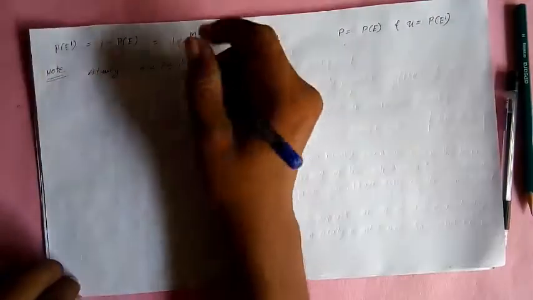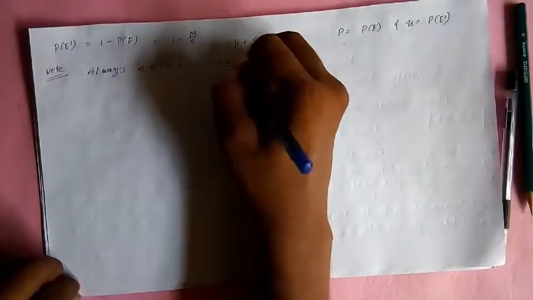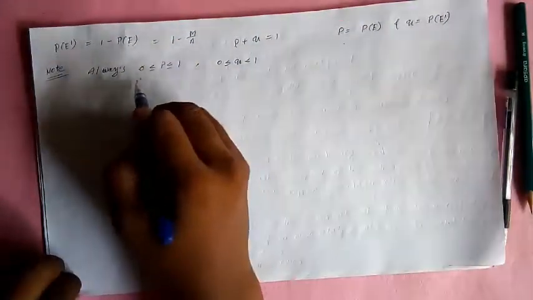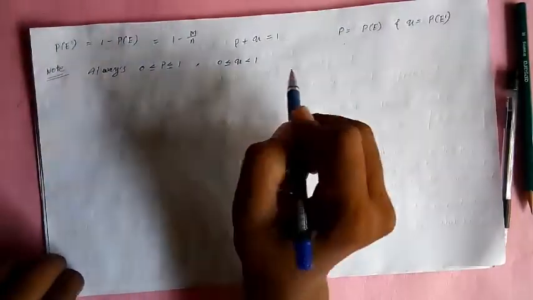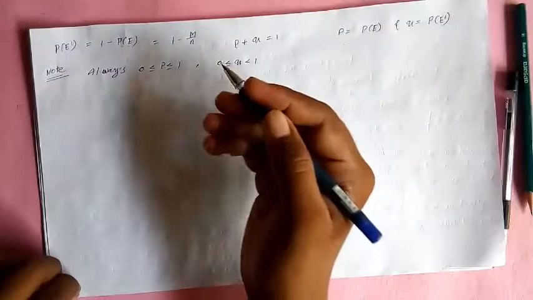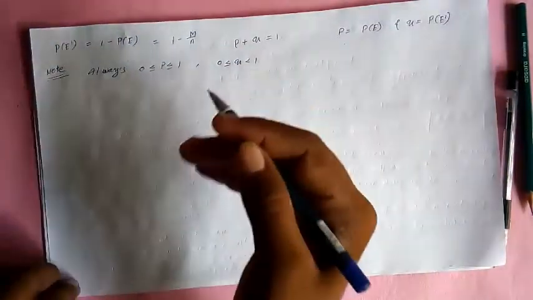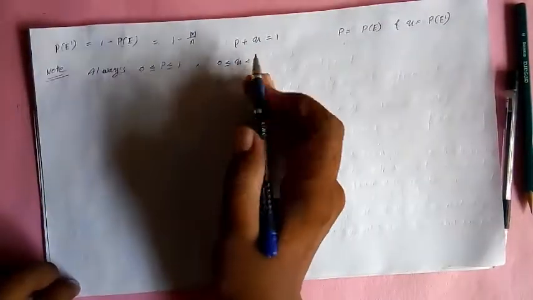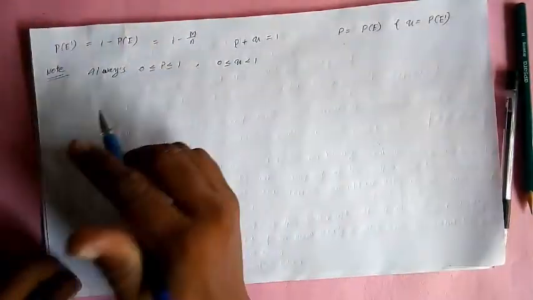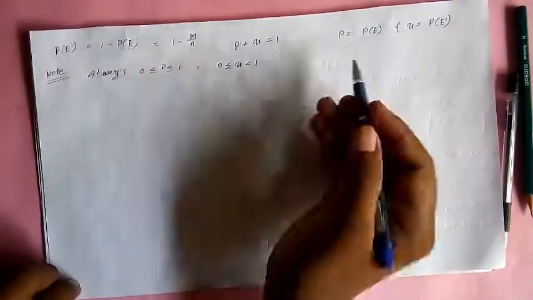And similarly, 0 less than or equal to Q less than or equal to 1. That is, P and Q are both in between 0 and 1, not exceeding 1 and not going below 0. So there are no negative values, only less than or equal to 1, and P and Q both are in between 0 and 1.